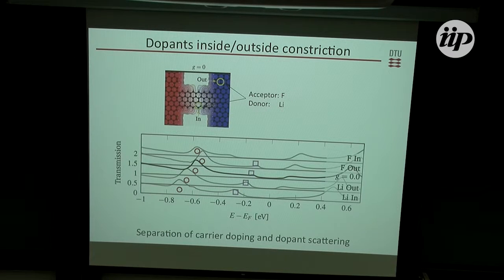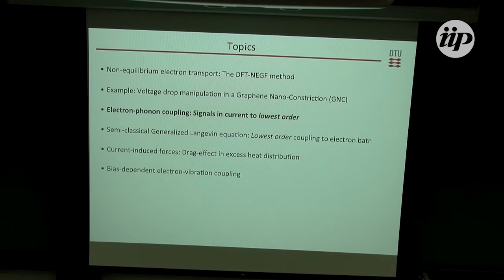And what we find out is maybe not surprising, but is that you can dope the system by putting these atoms, and you can actually separate the carrier doping and the dopant scattering in such structures. If you put the dopant just outside here, it will still dope the system, but you will not see the scattering because that takes place in the bottleneck here. But if you put the dopant in here, you start to see the scattering. And this we can try to look at. But that was a side remark.